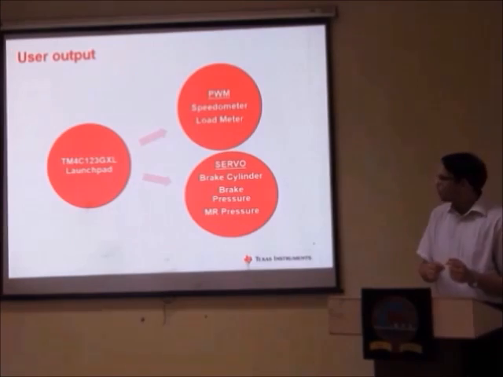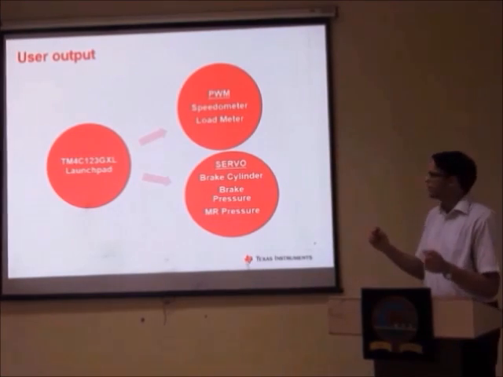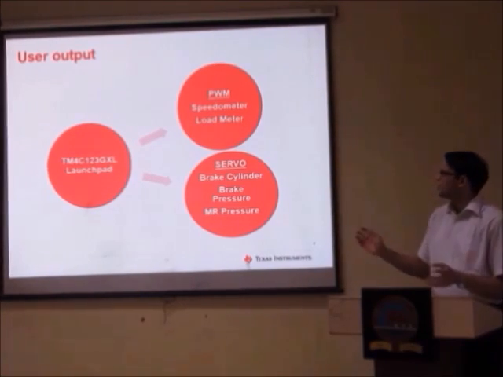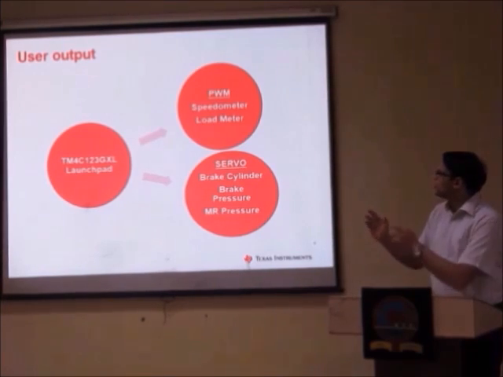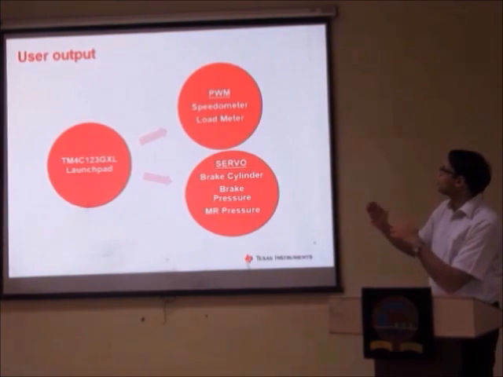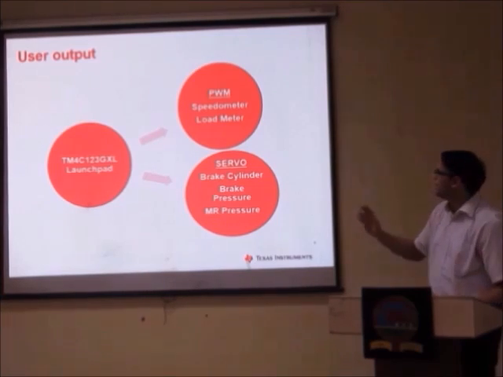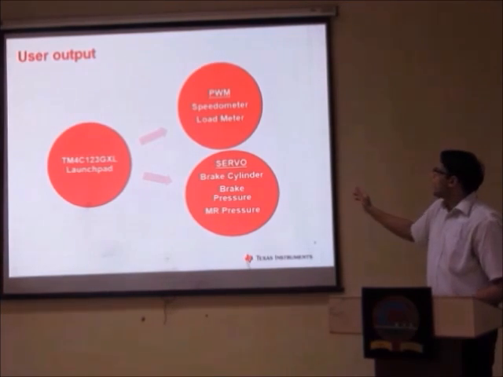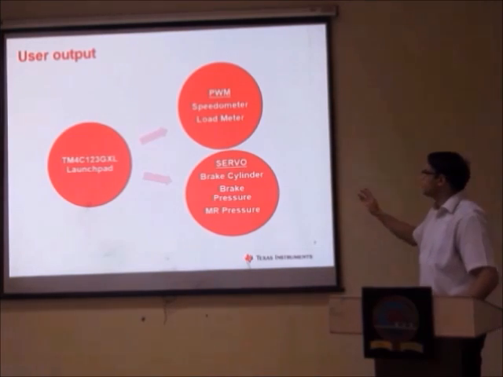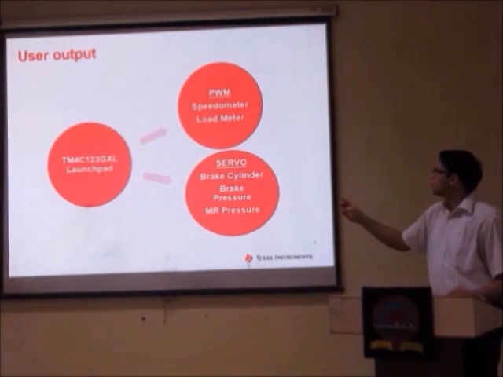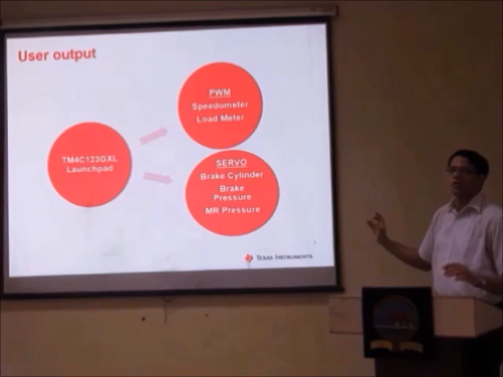For driving the different gauges and meters, the data obtained from the simulator software is processed using a TIVA C-series launchpad, which sends the signal to drive the speedometer and load meter using PWM input. And for the different pressure gauges, the brake cylinder, brake pressure, and main reservoir pressure gauges, we are using servo motors to drive them.